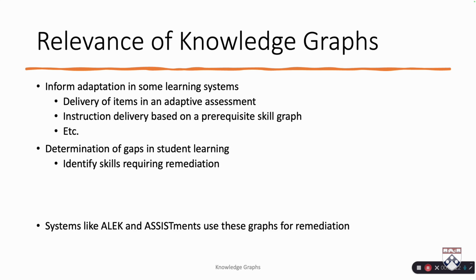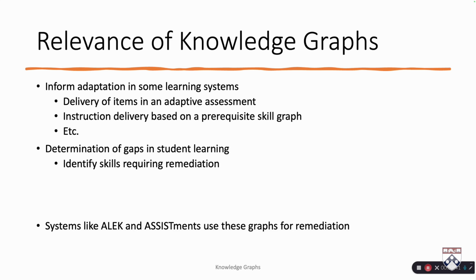So it determines what items they want to give to students who are struggling, or sometimes students in an assessment that's adaptive in nature. Knowledge graphs can be used to make predictions or to make suggestions, recommendations of which items to give.